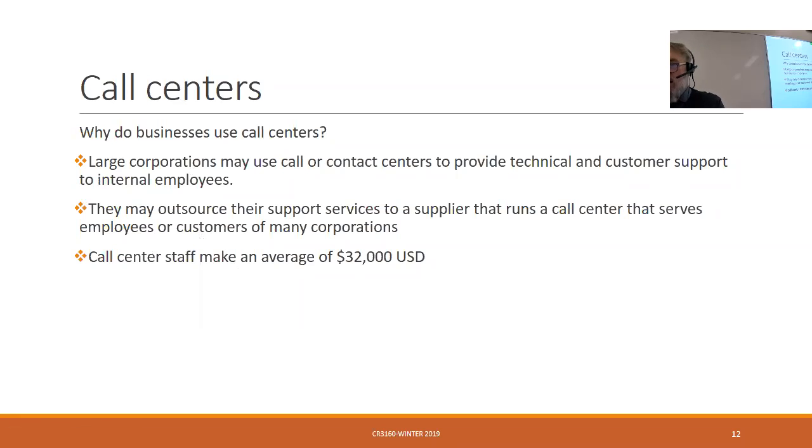They're of such high volume that we look at some way of making the actual time cheaper. And so call centers are often remotely located in places where people will accept lower salaries. For example, a call center staff might receive a salary of $32,000. That's the average apparently in 2019. So probably many of you, maybe most or all of you, have plans to make a lot more money than that.